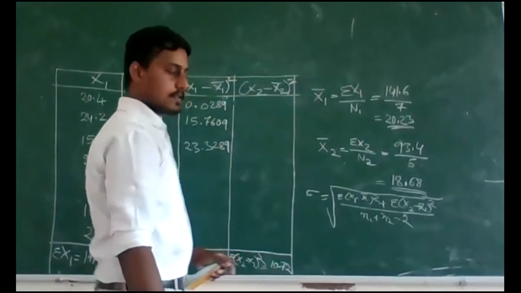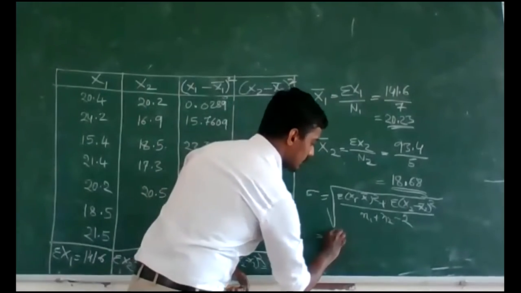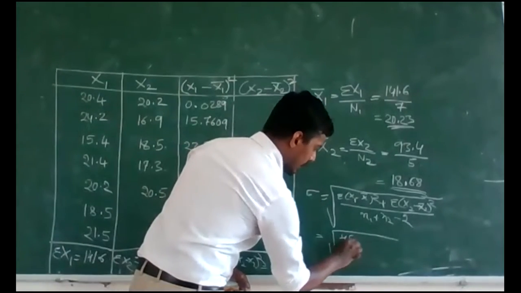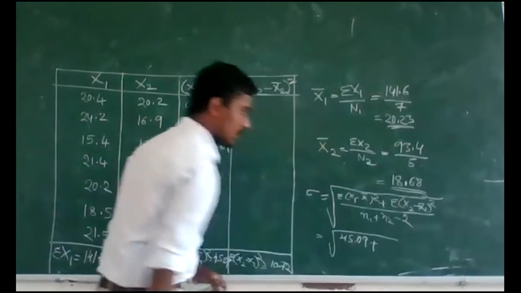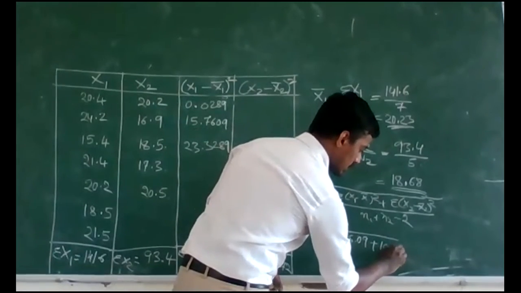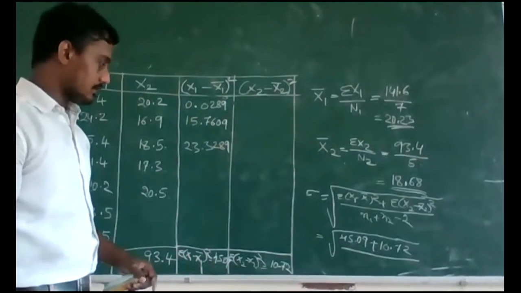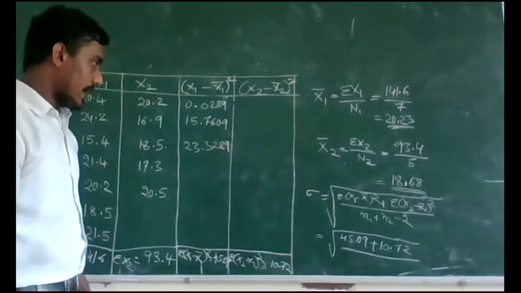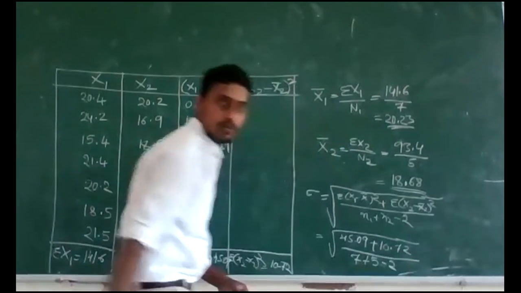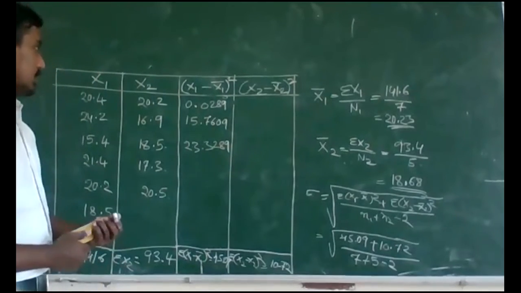Just insert the values. Square root of 45.09 plus 10.72 divided by n1 plus n2 minus 2, that is 7 plus 5 minus 2. Now find out the values.